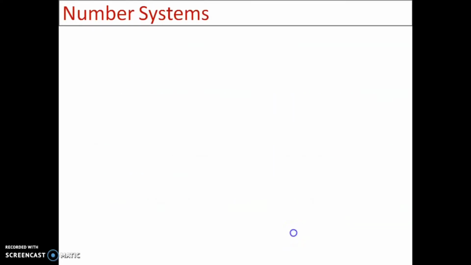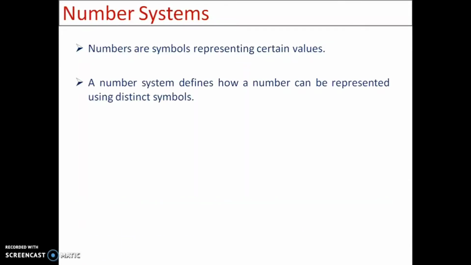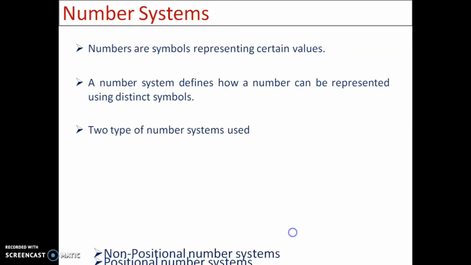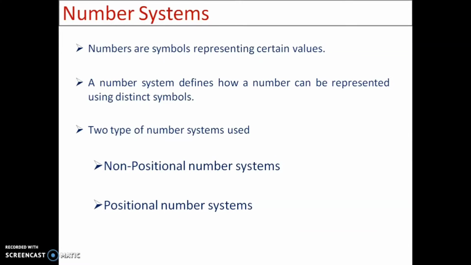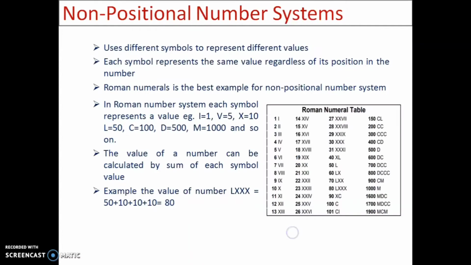Let's move to the number system. Numbers are symbols, where each symbol represents certain values, and a number system is represented using distinct symbols. We have two types of number systems: non-positional and positional number systems.